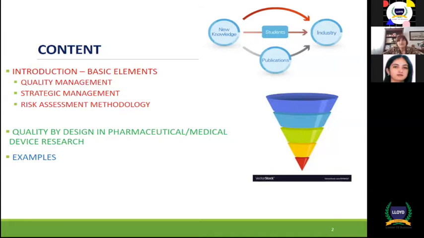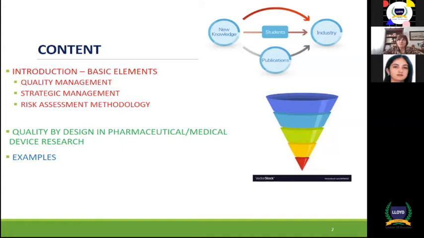Now in my presentation, I avoided detailing those lexical informations which you can find through the internet, because you just look in Google and you can find a lot of things about QBD on the FDA, on EMA, on the ICH guidelines. Everything is on the internet, so I will not bore you with detailing these lexical data.